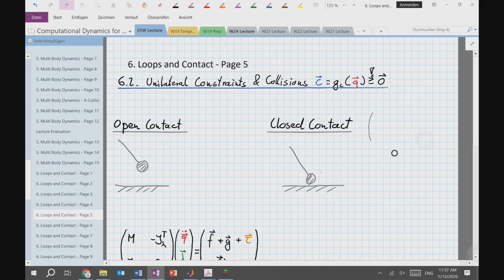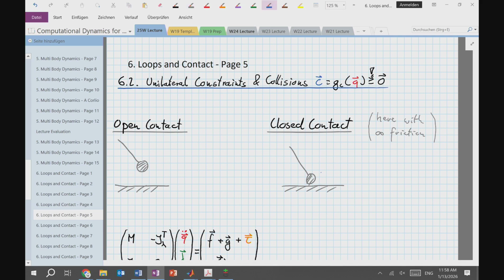And the assumption that I want to make here is that we have infinite friction. So we have a contact with infinite friction. And in fact, all the cases that we're going to look at are either infinite friction or zero friction, because everything in between is a little bit more complicated.